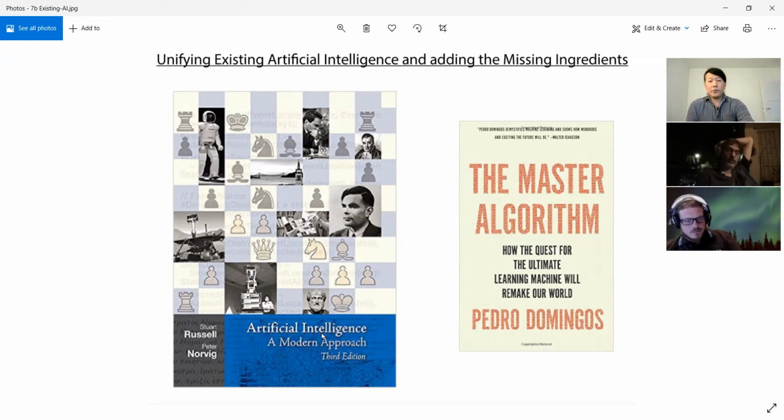And the other book here is called The Master Algorithm. It made the rounds about 5-6 years ago, written by a professor of machine learning, Pedro Domingos. He talks about a master algorithm that unifies his worldview of machine learning algorithms, and the quest to find this master algorithm.